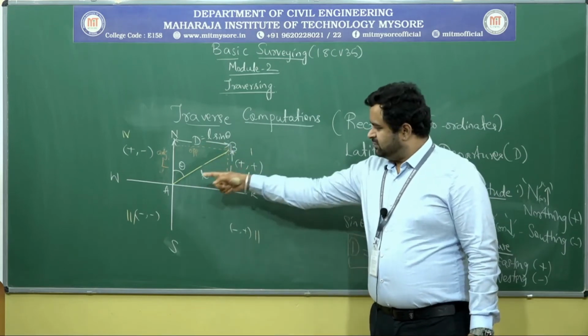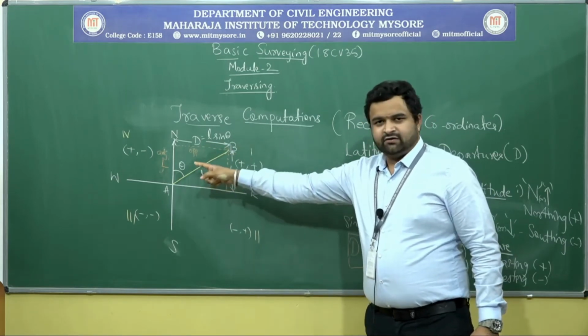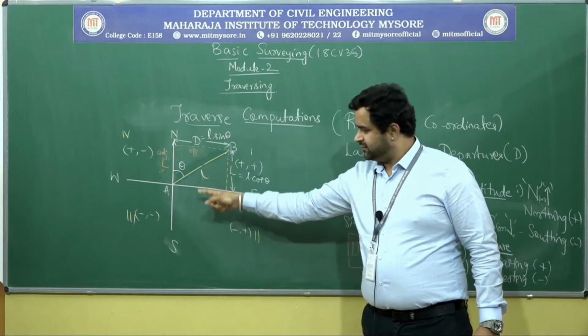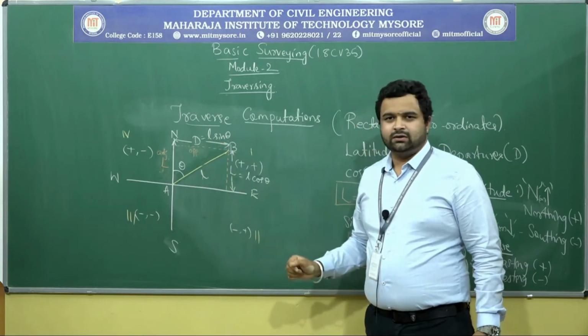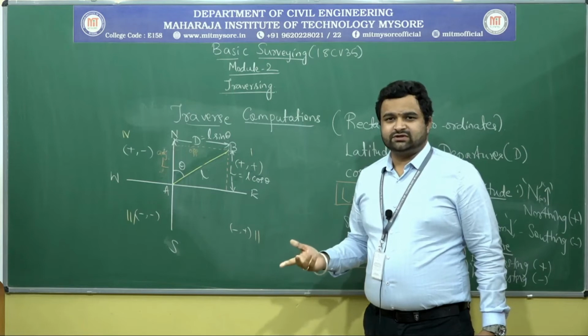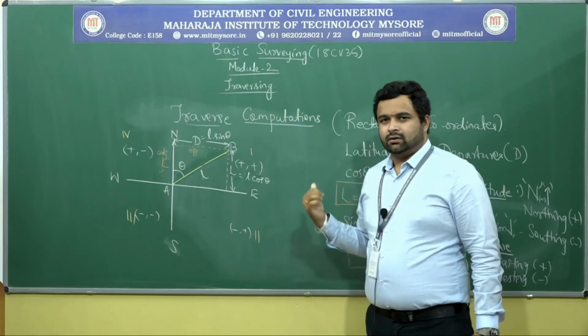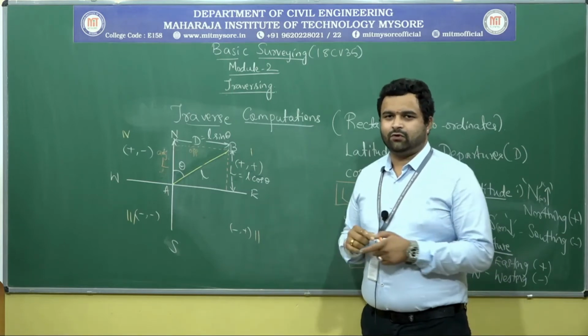Now for the same line AB with the same angle theta, if it is plotted in second, third and fourth quadrant, what will be the sign conventions of latitude and departure? Okay, let me write that in a tabular form.